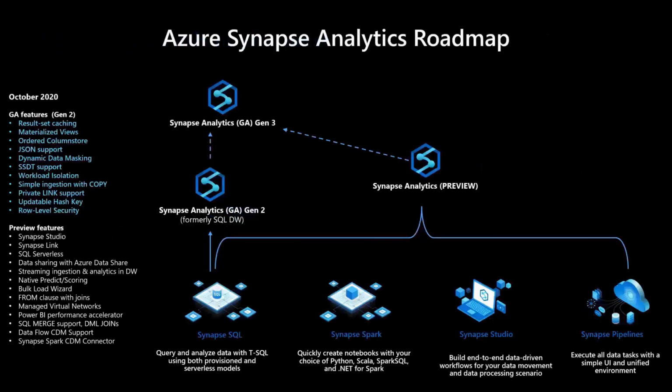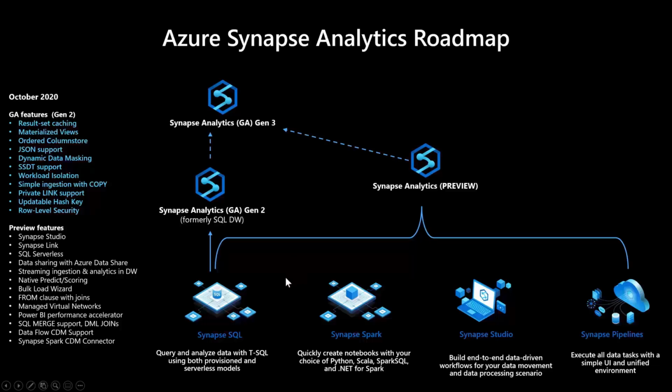And if we look at the roadmap of Synapse, we must look at where it's come from. It started in November 2018, when SQL Data Warehouse got rebranded into Synapse Analytics, in brackets formerly SQL Data Warehouse. And along that paradigm, back in 2019, the Synapse Analytics workspaces and the studio started to come to fruition.